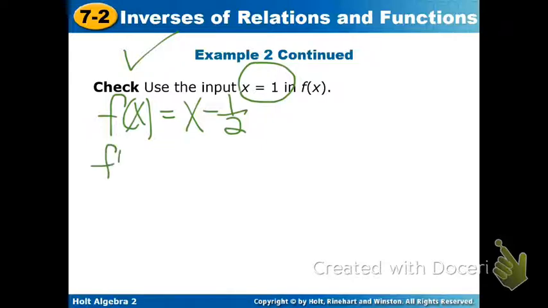So that means we would have f of 1 equals 1 minus 1/2. What's 1 minus 1/2? Half. So we get f of 1 equals 1/2.